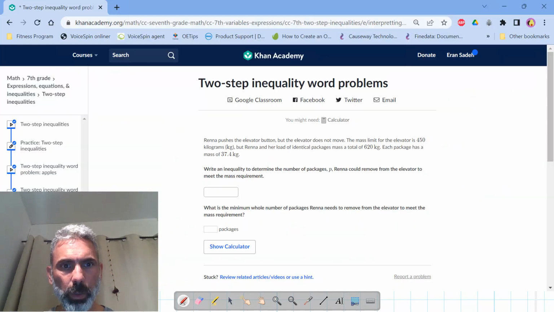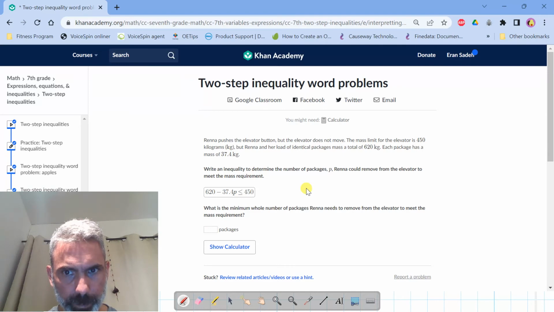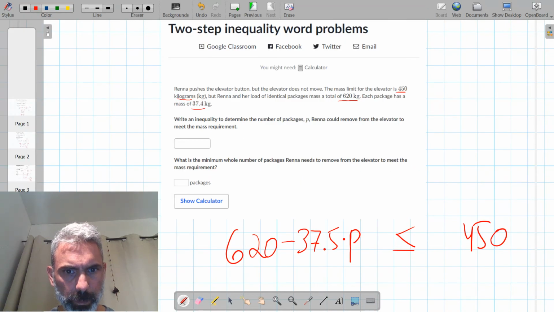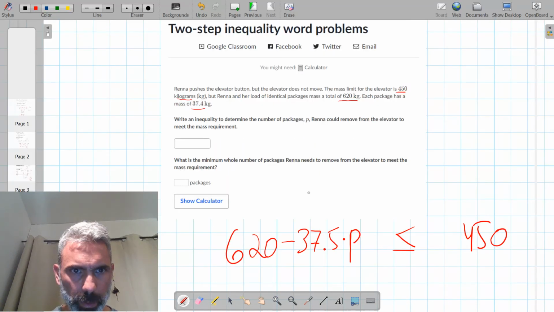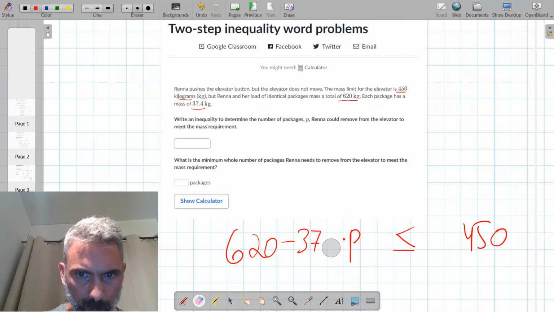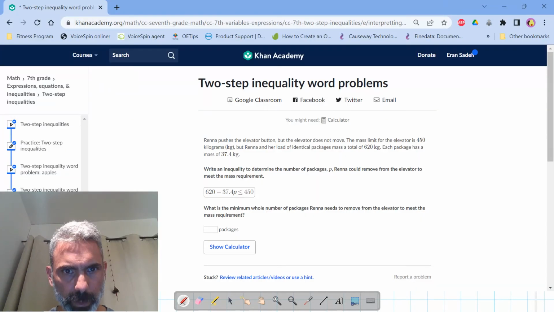Okay, so this is the inequality: 620 minus 37.4P has to be less than or equal to 450.